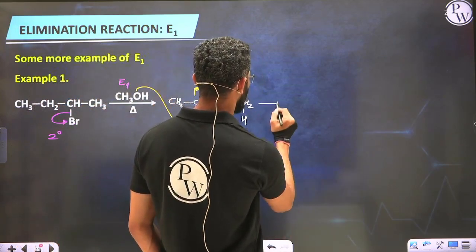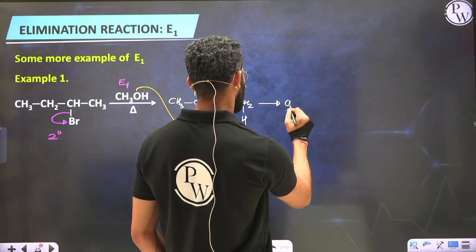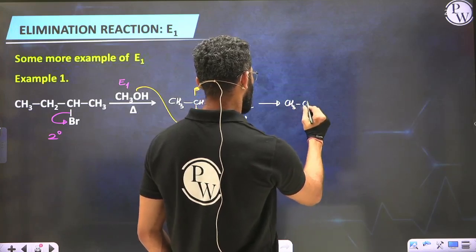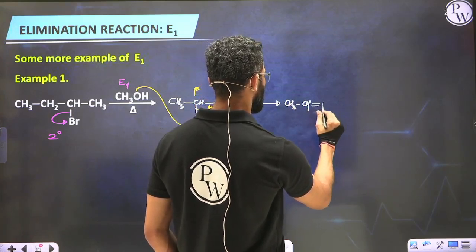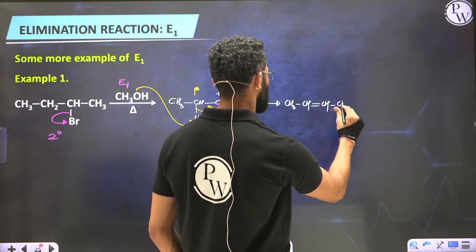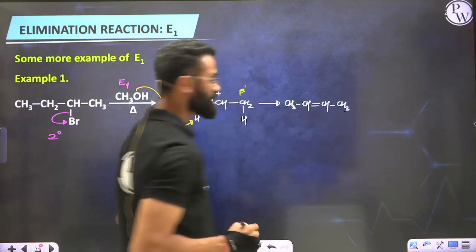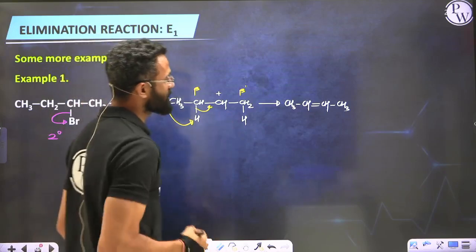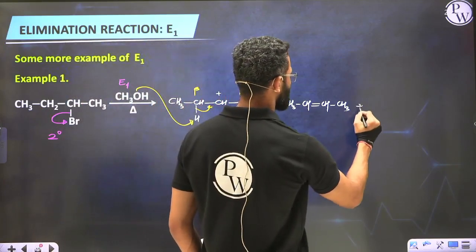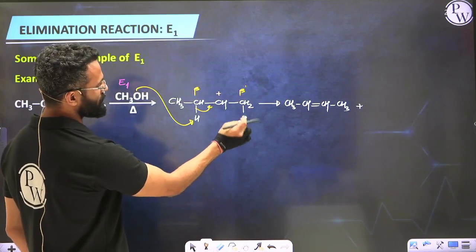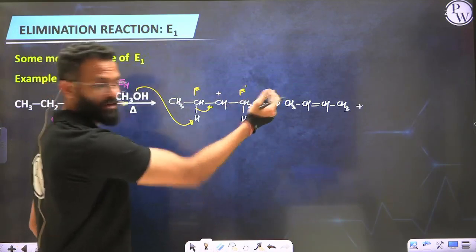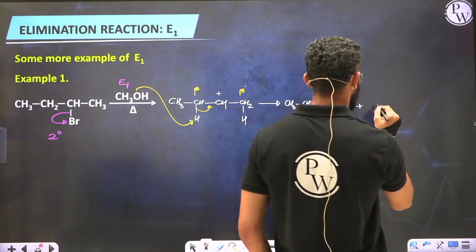So two products obtained would be CH3CH double bond CH3. Right, everyone? That is 2-butene. And along with this, if abstraction of hydrogen takes place from beta dash carbon, we will be getting 1-butene.